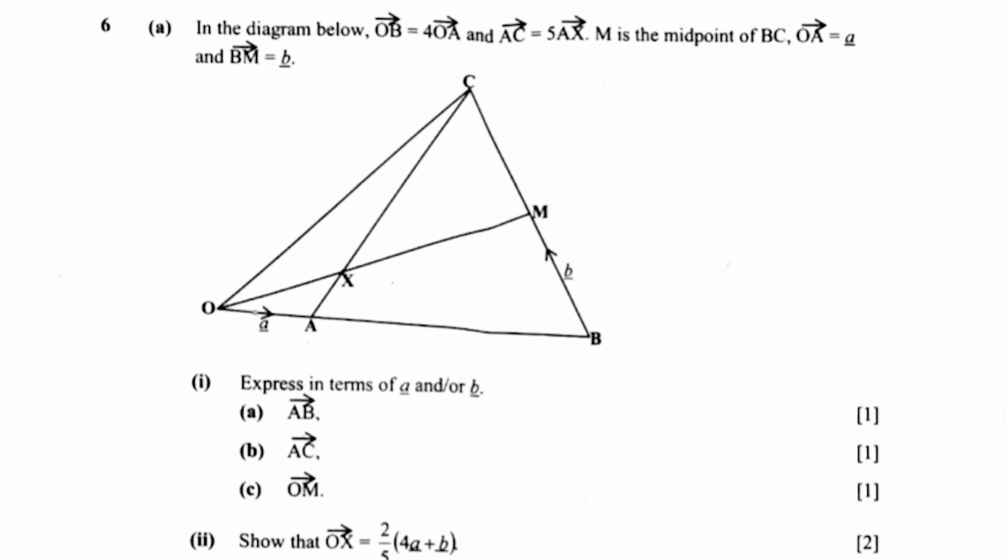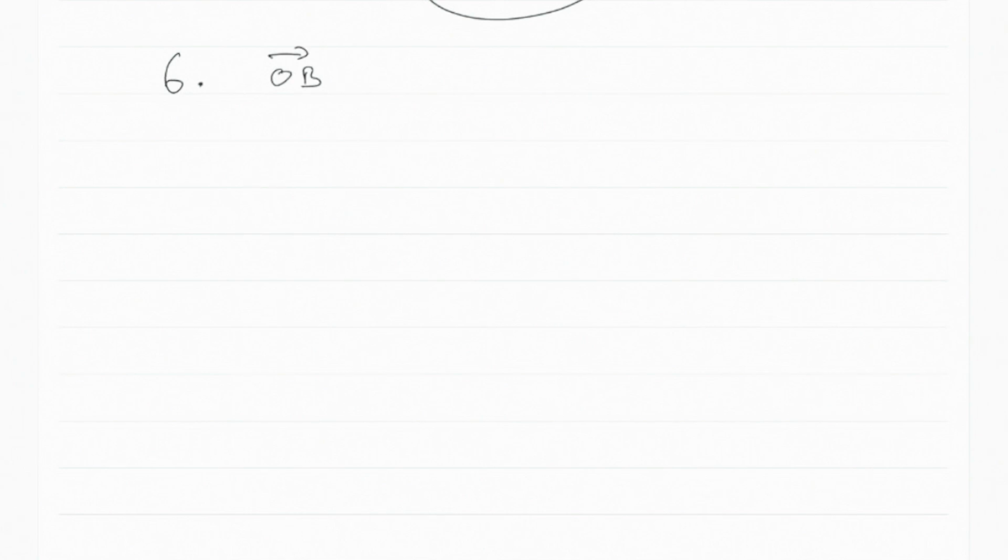In the diagram below, OB, that is what I want you to take note, vector OB equals 4OA, and vector AC equals 5AX.